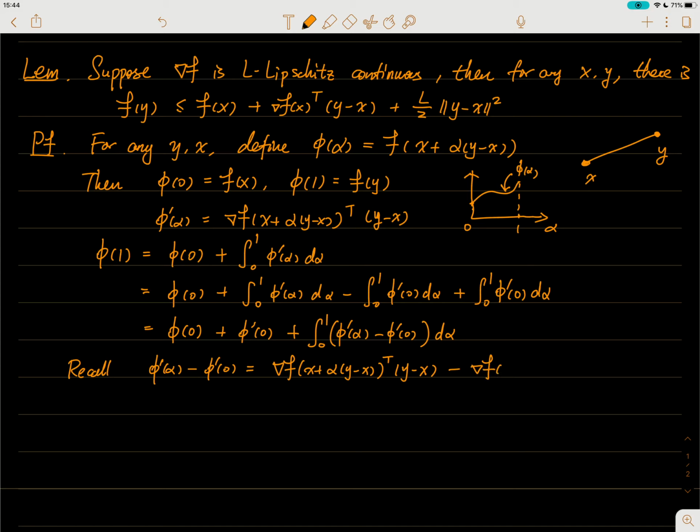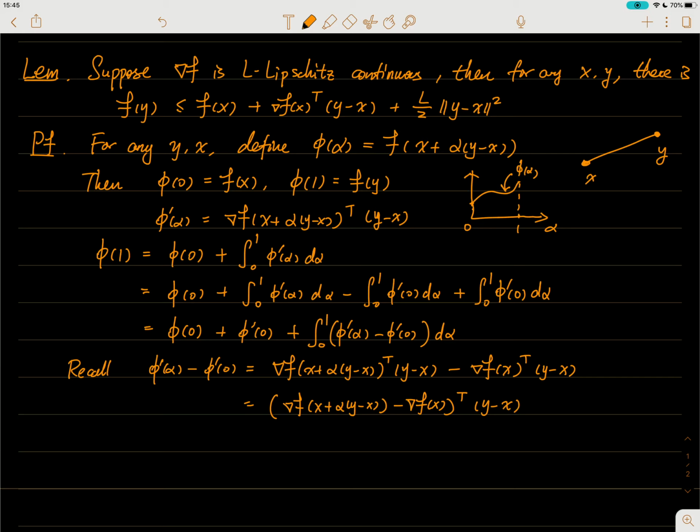And also I need the phi prime of 0. So I will not have anything other than x inside this, the y minus x. And apparently they both have this y minus x. So I just combine the gradient f. I have the transpose on each of them, but I can put them together first and then put the transpose.